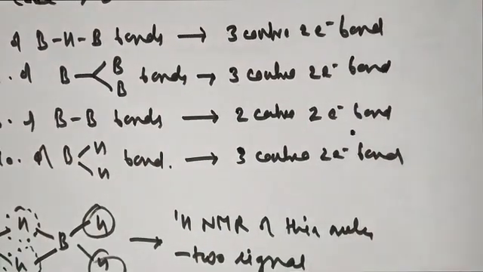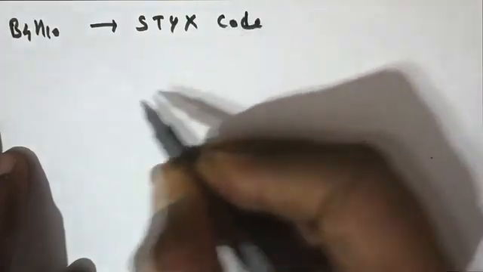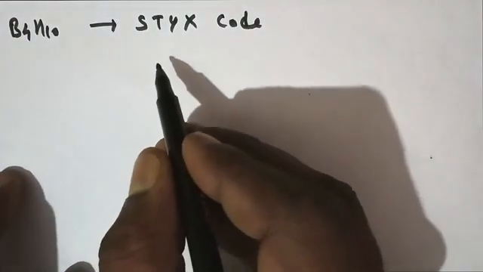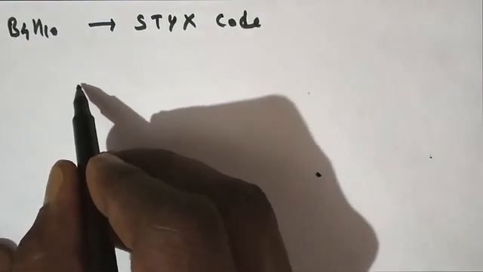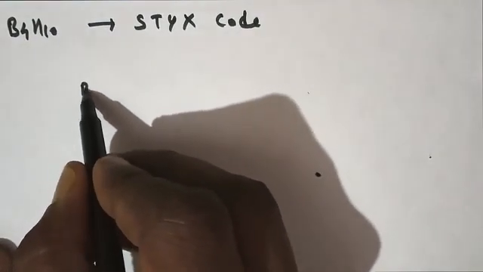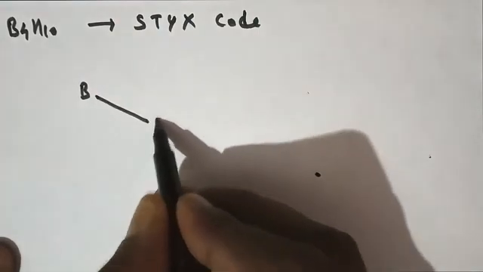Now we will proceed. Suppose we have a molecular formula of a borane, B4H10, and we have to draw its structure. So first we have to generate its STYX code. To calculate this STYX code, we have to draw its structure. Suppose this molecule can be drawn like this.